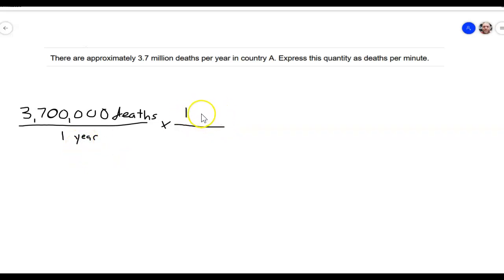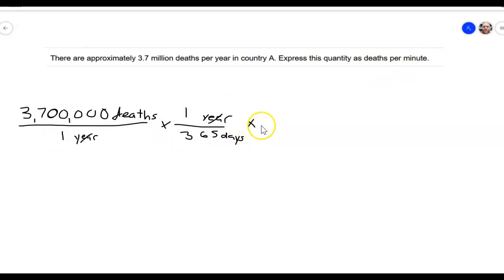I know in 1 year, for example, I have 365 days. And notice that I put the years on the top here, so that my year cancels out, which is what I want, because I don't want the final answer in years, I want it in minutes.